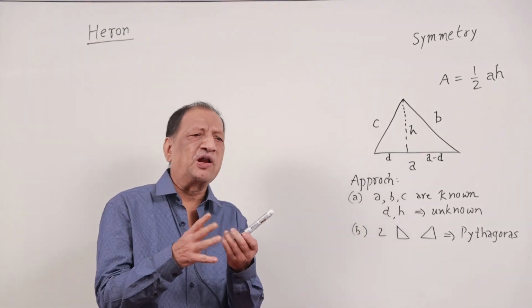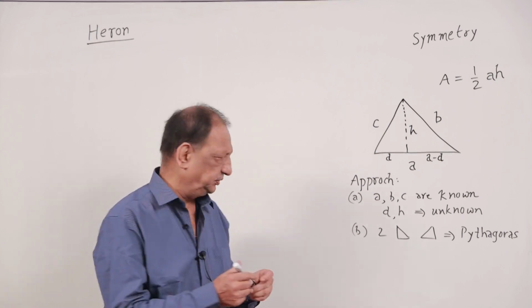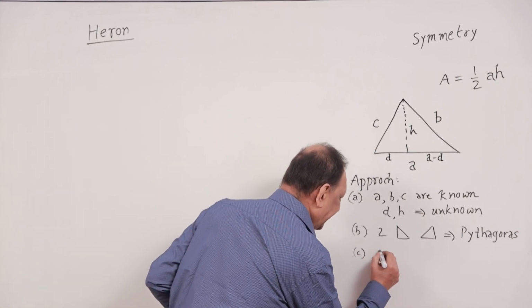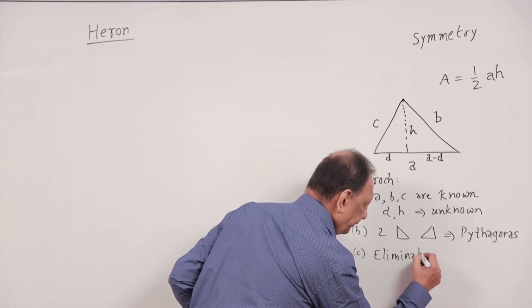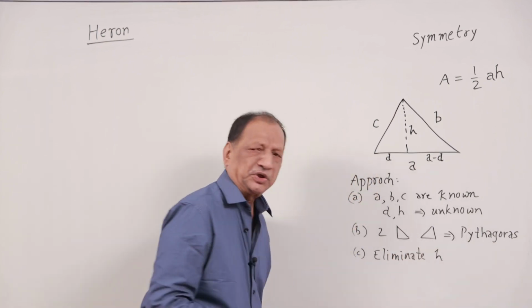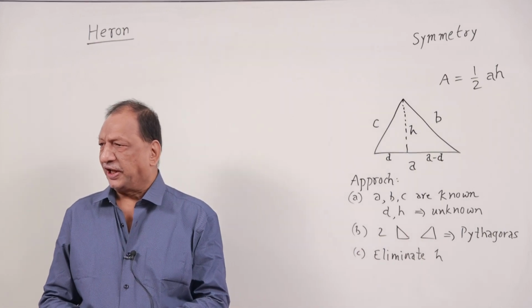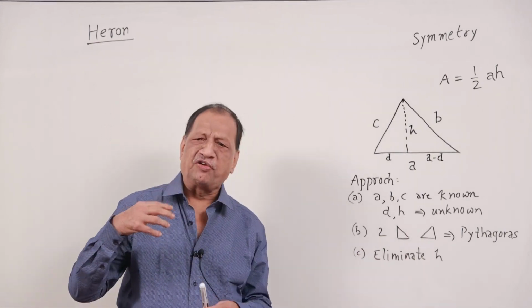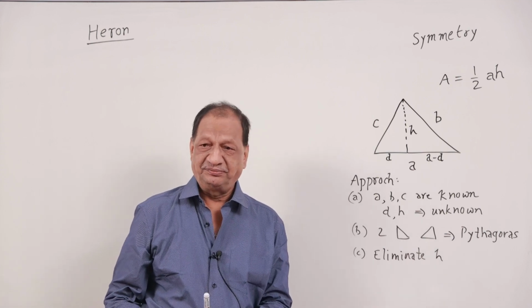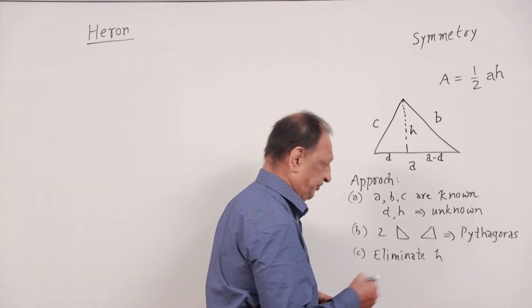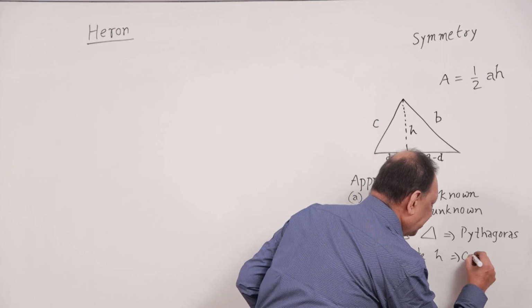Then we can try to solve or eliminate one of those. So next step is eliminate H from the 2 equations. Once we do that, we can substitute that value of H back into one of those equations and calculate the value of D.